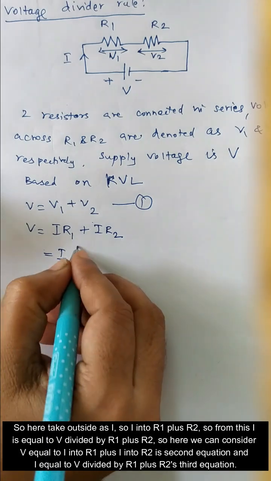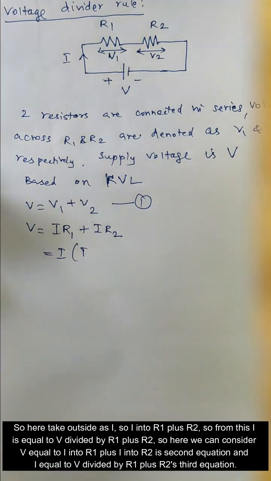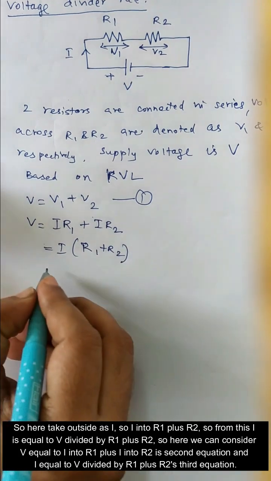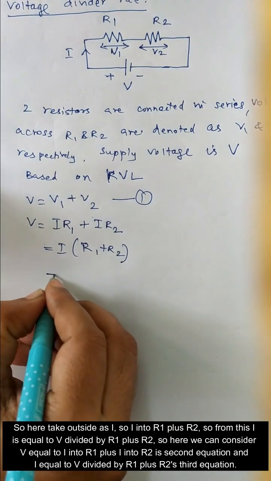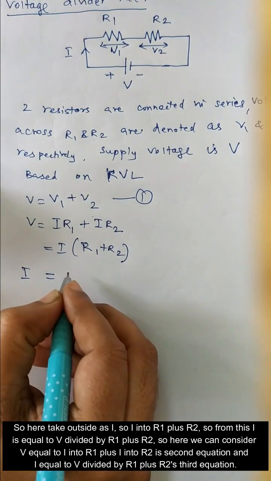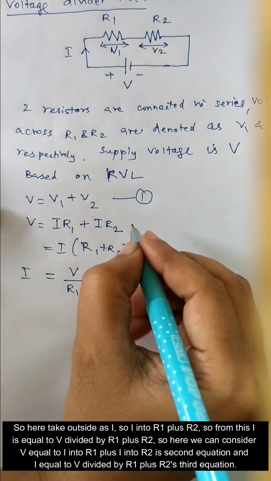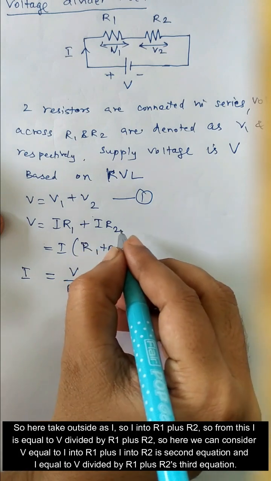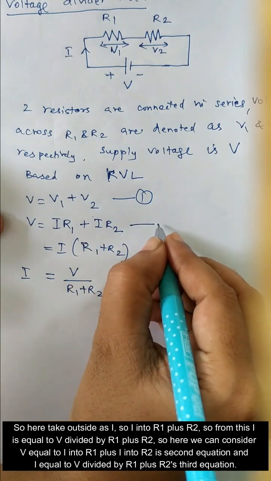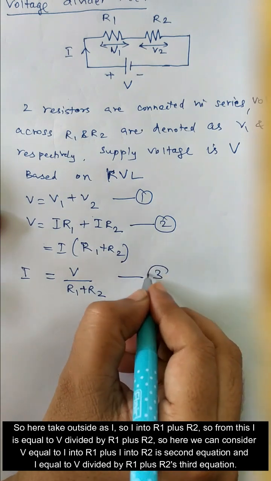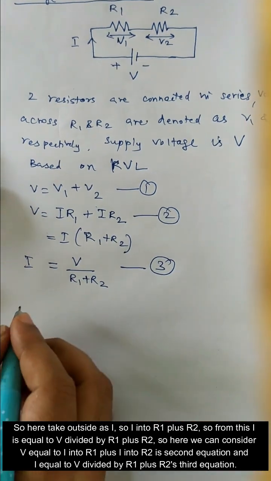Here take I outside, so I into R1 plus R2. From this, I is equal to V divided by R1 plus R2. So here we can consider V equal to I into R1 plus I into R2 as the second equation, and I equal to V divided by R1 plus R2 as the third equation.